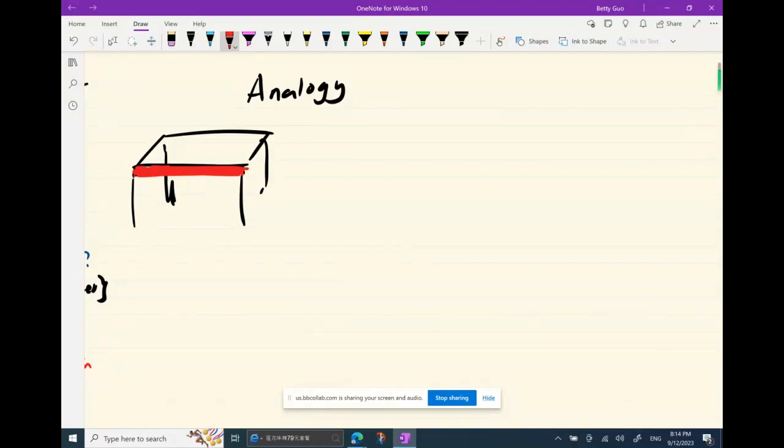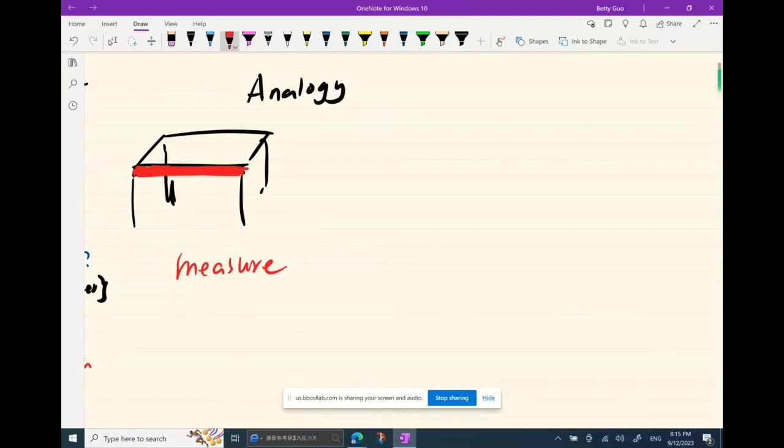How many feet? How many inches? Inches make more sense. But there's no way I know the exact value of the length. What we can do is measure. We can only measure. And the measurement I get is probably different from the measurement that you get. Even if they are very close, very likely there's a difference, right?